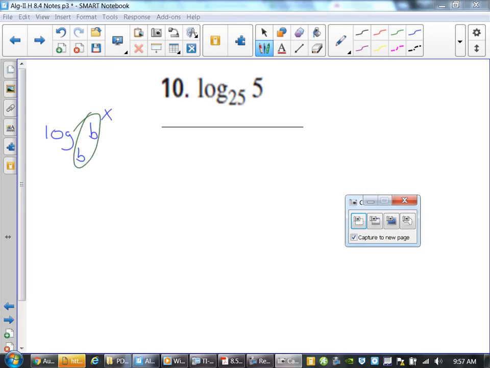We need to get those to work themselves out. So in order to create that base, I need to figure out a way to turn a 5 into a 25 by just rewriting it as base 25. This is the same then.